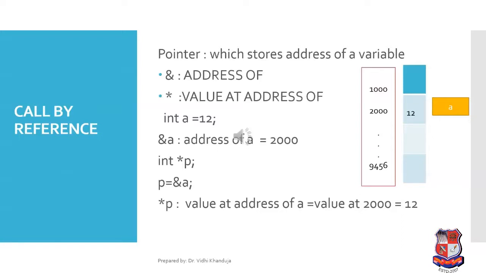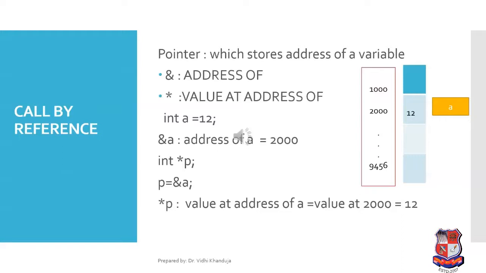Now look at the diagram on the right side. These blue boxes denote the memory cells. Let us say a is assigned the value 12 and the memory is allotted at location 2000.